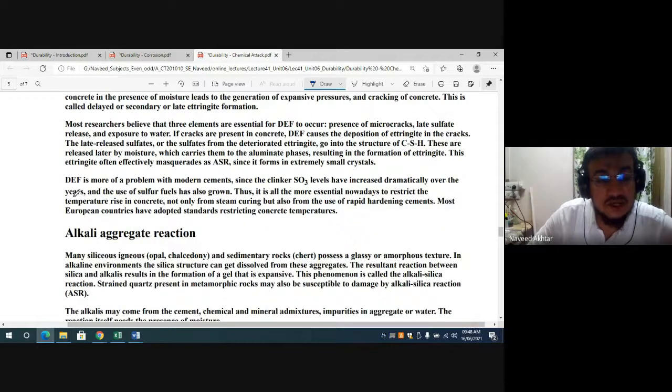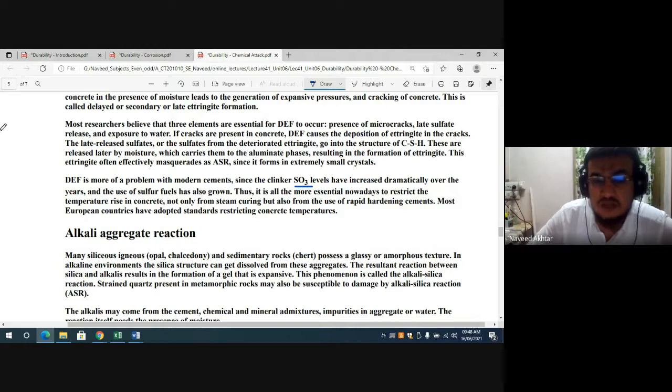So delayed ettringite formation is more of a problem with the modern cement, since the clinker SO3, that is sulfur oxide level, has increased dramatically over the years, and use of sulfur fuels has also grown.